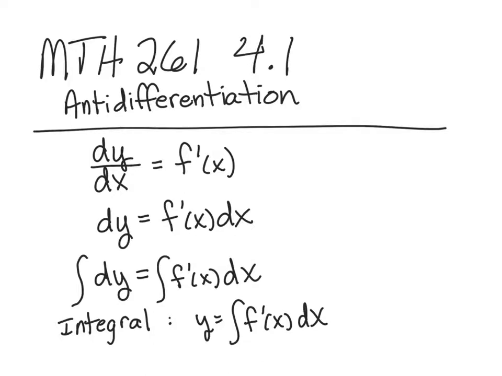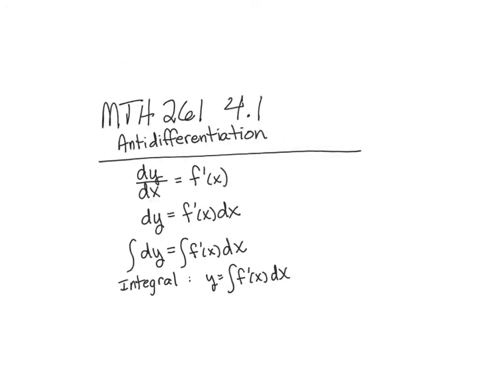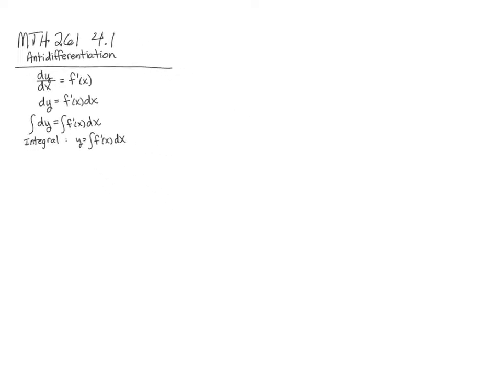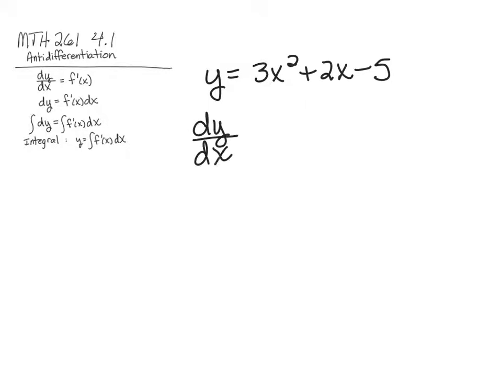Alright, so let's see if I can squeeze all of that up here. So let's look at something that we've done before. If we know that y is, let's say, 3x squared plus 2x minus 5, and we took the derivative of this, what did we do?